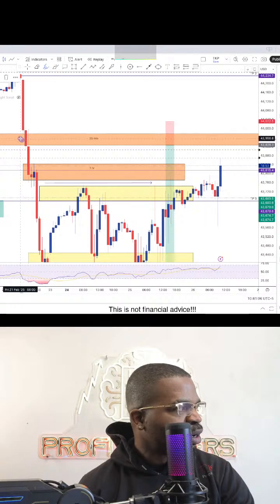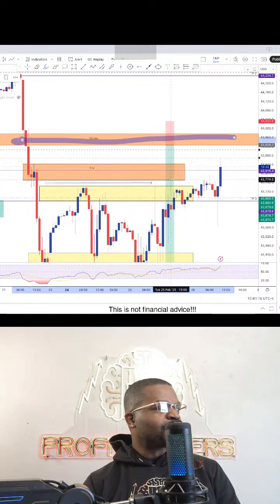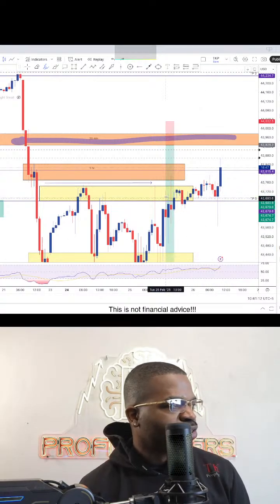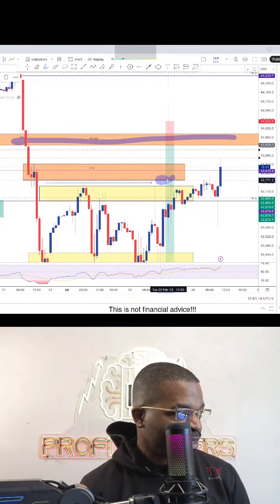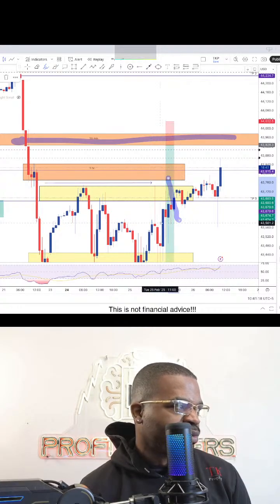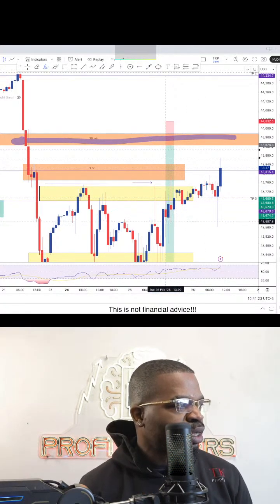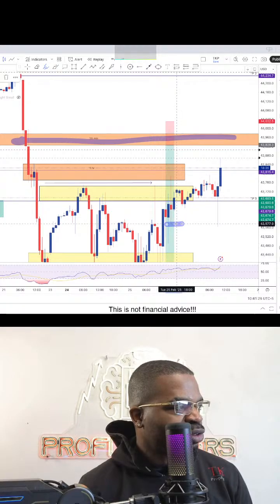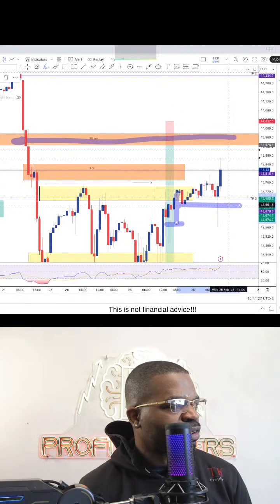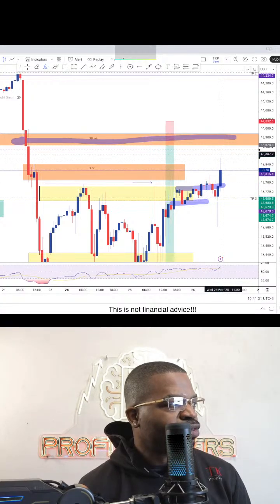I noticed this level above, so I wanted to be safe instead of rushing into this trade, taking this continuation to the downside. I figured that this thing would get broken. It got wicked in for a nice setup, but it was really quick. Immediately after this wick, it just pulled back and consolidated. From there, you get that move to the upside.